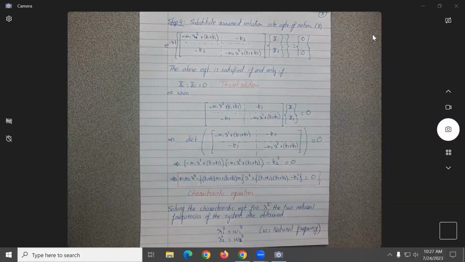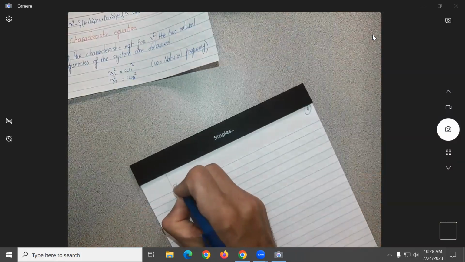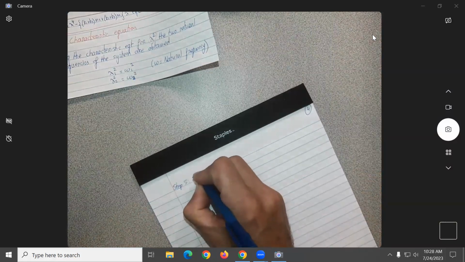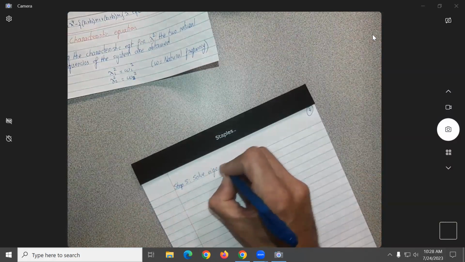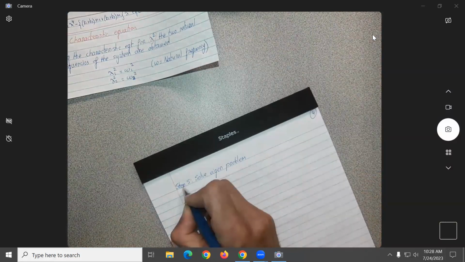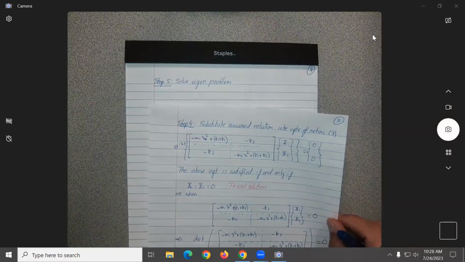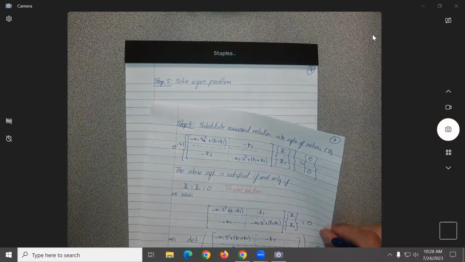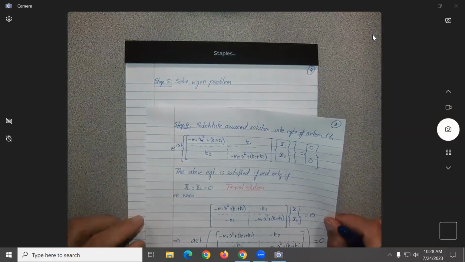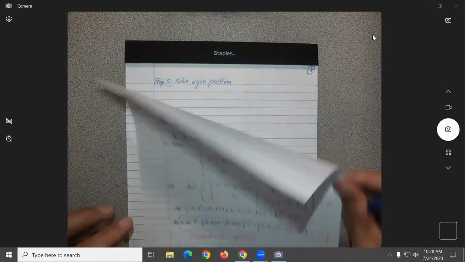So now, step 5, which is we need to be careful. Solve again the problem.